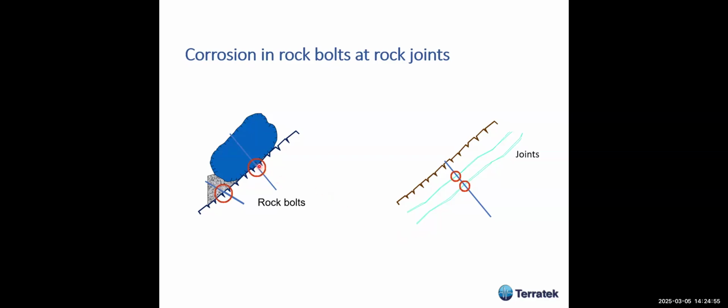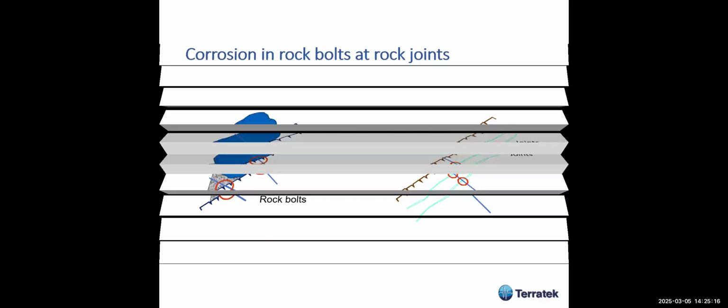Also, this part here, if you have a big boulder fixed by rock bolts, then corrosion protection should be applied because the possibility of accelerated corrosion at these points is very, very high.